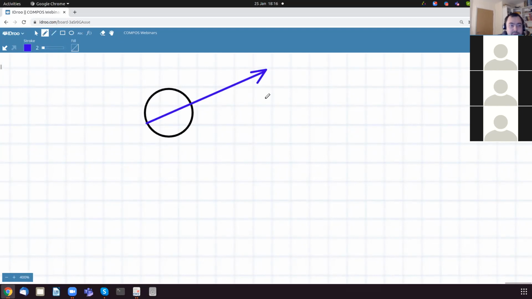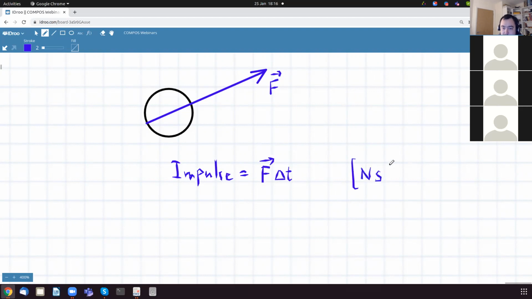And the impulse is the force multiplied by the time of action. Impulse is a vector, and it's measured in Newton seconds. So impulse is force times the time of action.